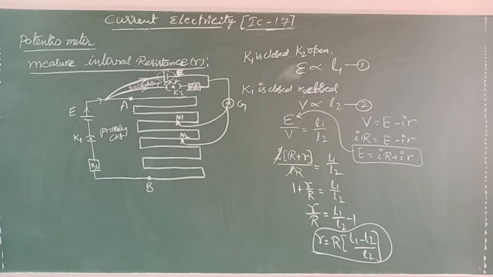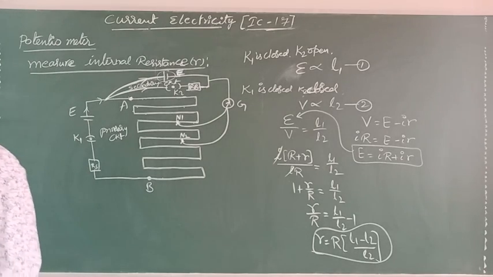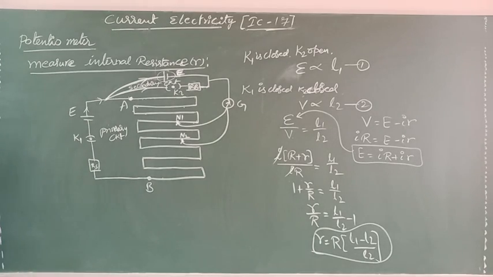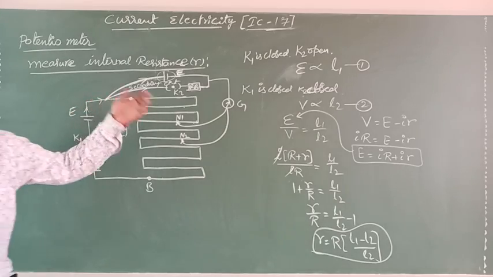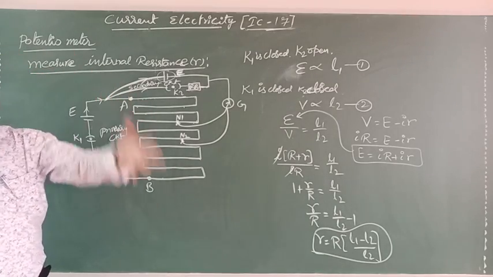Here we learned the uses. First one is to measure the EMF of a cell. Second is comparison of EMFs of cells. Third is internal resistance of the cell. Similarly, we can measure the current in the circuit, that is the fourth use. Similarly, we can measure the potential difference between any two points in the circuit, that is the fifth use.